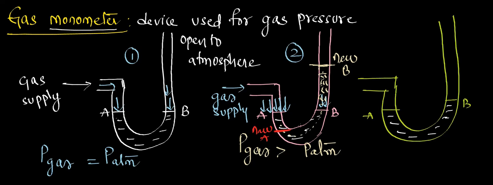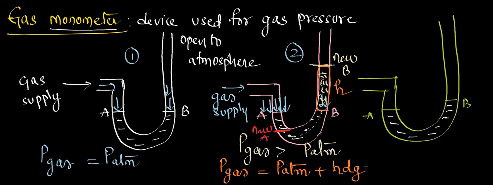Now how do you measure the pressure exerted by gas here? We take pressure exerted by atmosphere plus the rise on B side, let this be height h. For this height h of the liquid we take its pressure: depth into density into gravity.